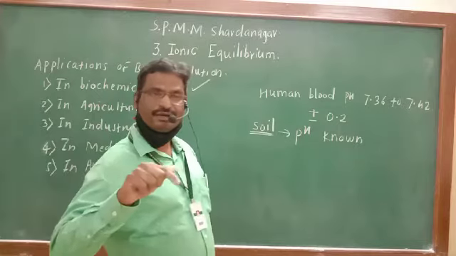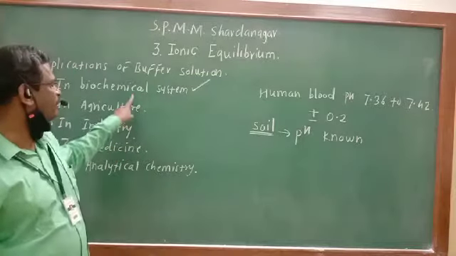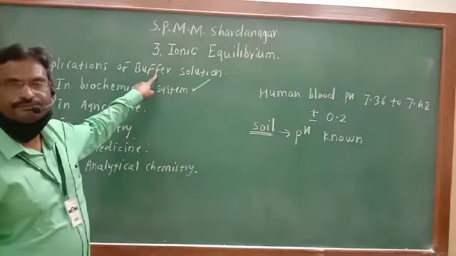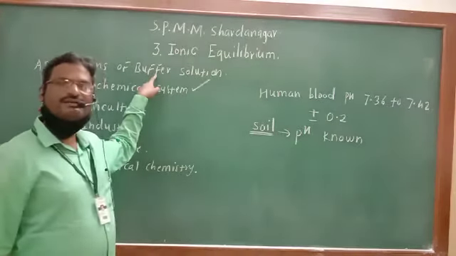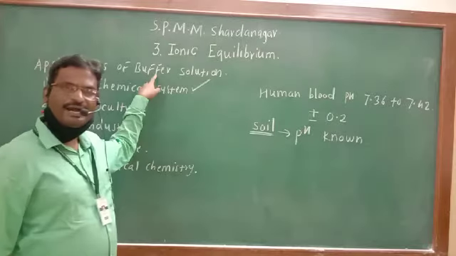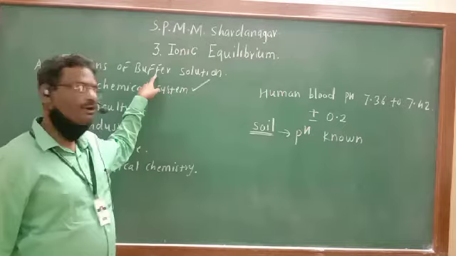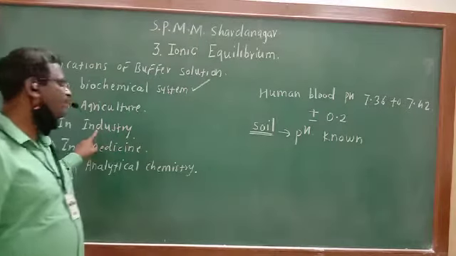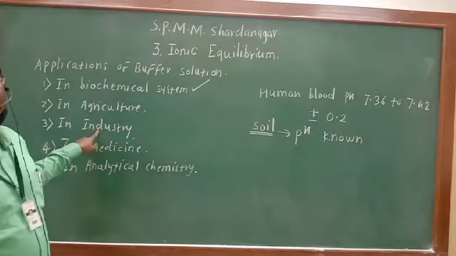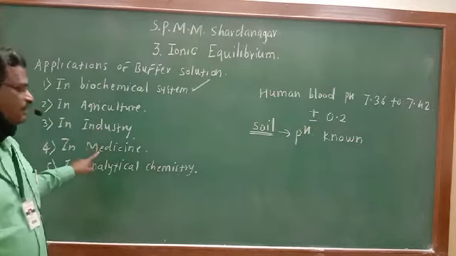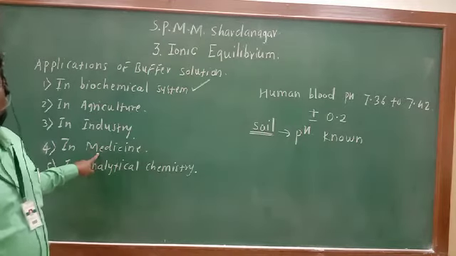So pH is maintained to be constant in the industries by addition of buffer solutions, because a buffer solution resists the drastic change in pH by addition of a small quantity of acid or base or water. So buffer solutions are important in the industry also for the production of best quality products. In medicine, medicines are highly important for human life.